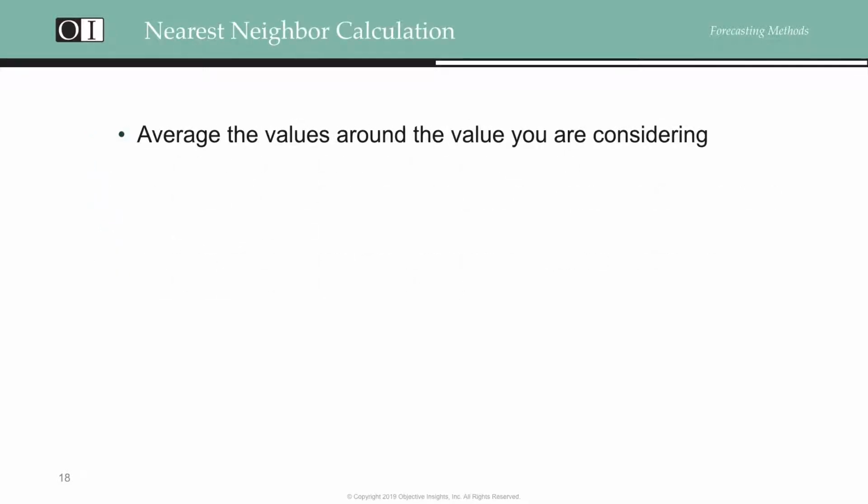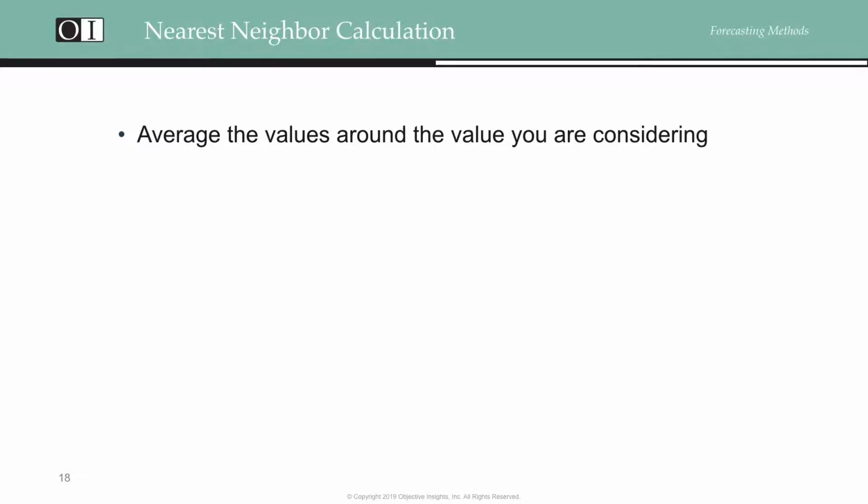Okay, on to the next method, nearest neighbor smoothing. Nearest neighbor smoothing is similar to moving averages, except that it's got some real advantages.